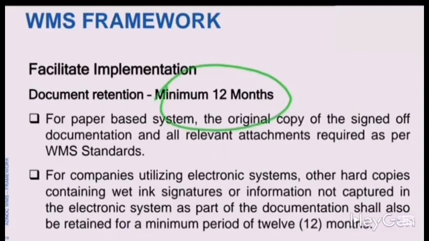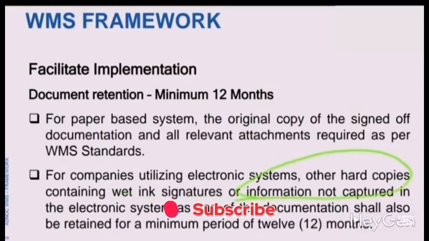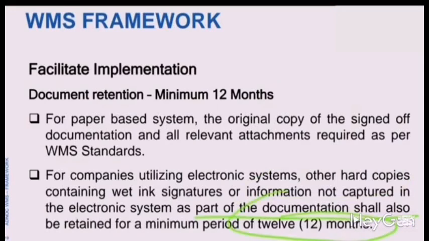Other hard copies containing wet signatures. Additionally, if there are any copies where you have made manual signatures apart from your electronic signatures, and if the information is not captured in the electronic system, or if there is some information that has been written down that is not in your WMS online device, and you have made additional notes there, then such documents must be retained for a minimum period of 12 months.